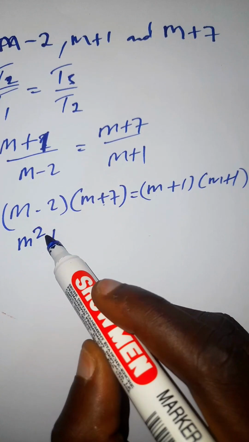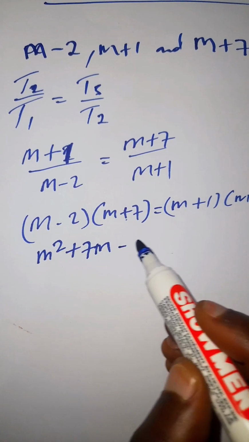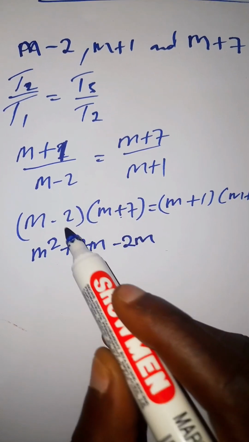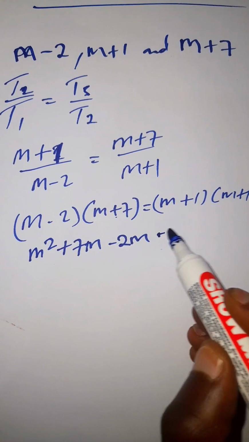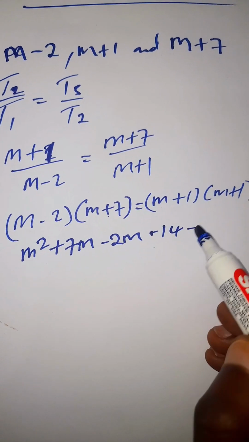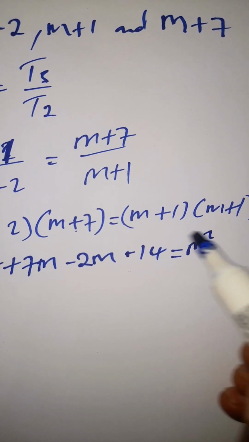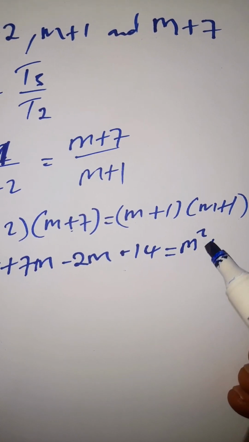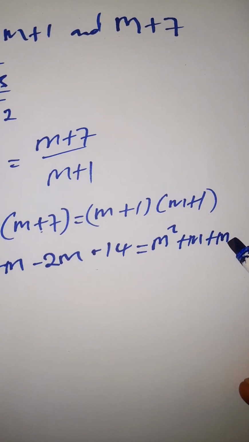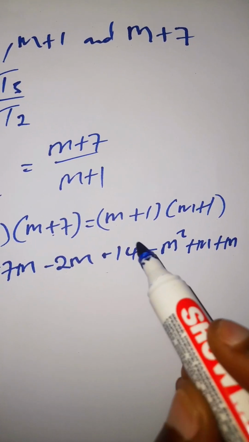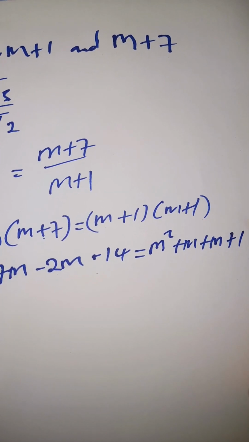M times 7 is positive 7m. Negative 2 times m is minus 2m. Negative 2 times positive 7 is minus 14, which is equal to m times m, m squared. M times 1 is m. 1 times m is m. And 1 times 1 is 1.